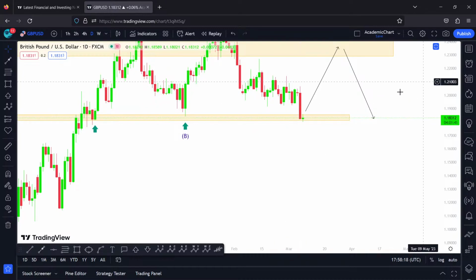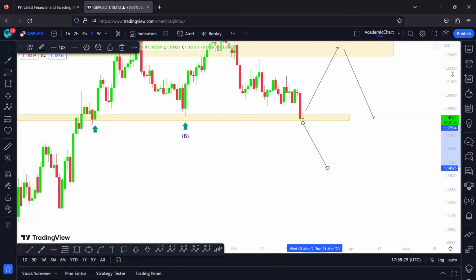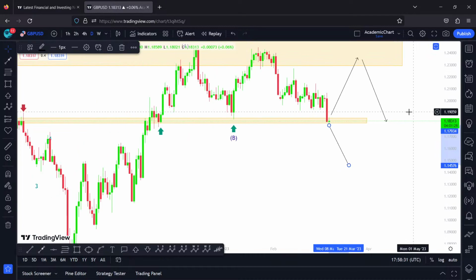But anyhow, the short term is that it might reverse or it might break this support zone and just drop down. If that's the case, we need to wait, of course, to see what it is going to be.